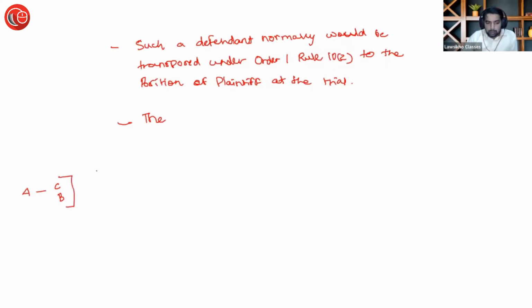The suit will be A versus C. The second limb: whether it will be A versus B. No, it will not be, because there is no conflict of interest between A and B. The second is whether it will be B versus C. The answer to this is yes, because they have a conflict of interest between each other.